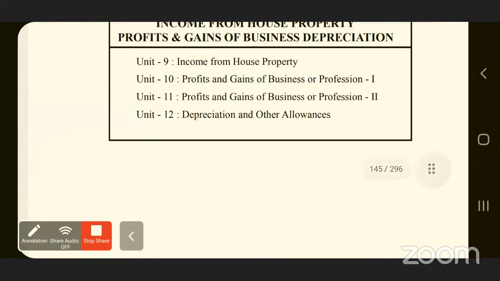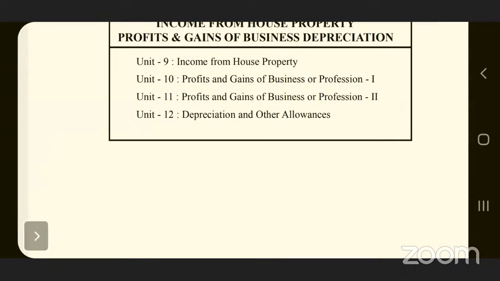Which type of income is considered as income from house property? Meaning, how to distinguish a particular income into a particular head.